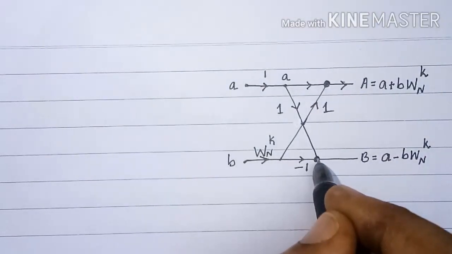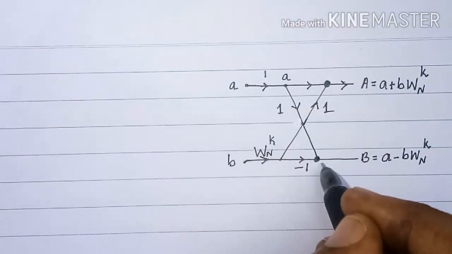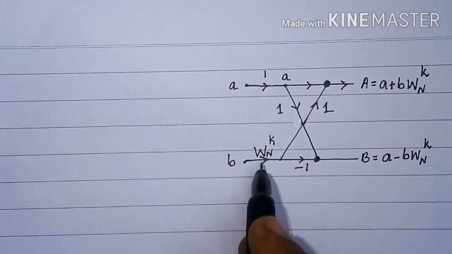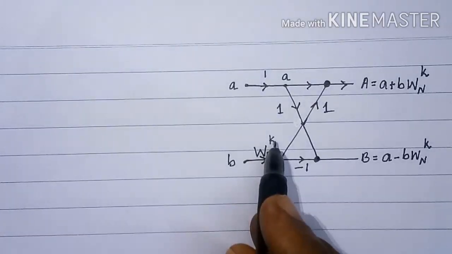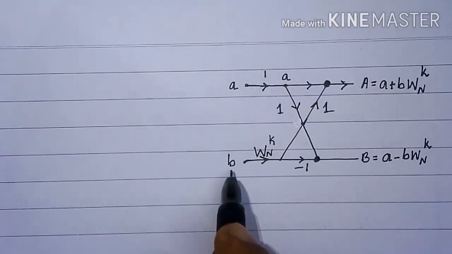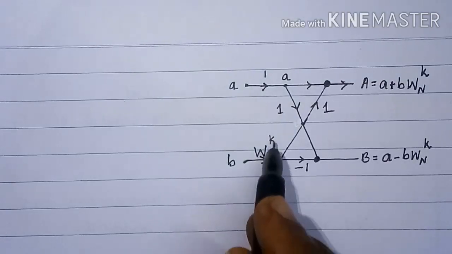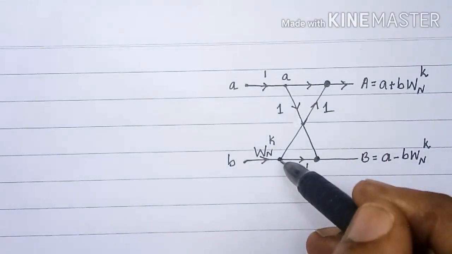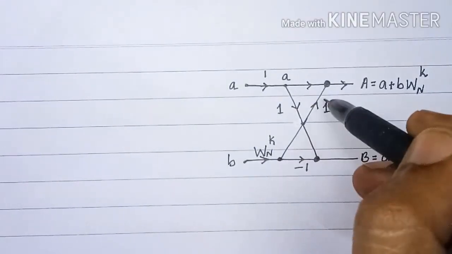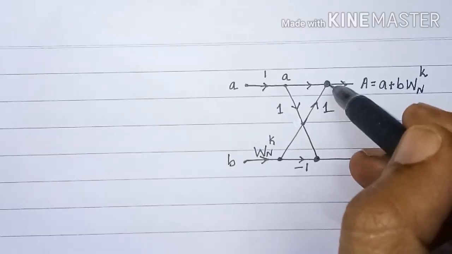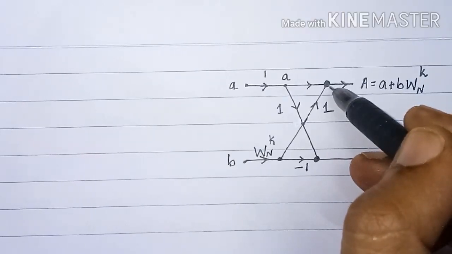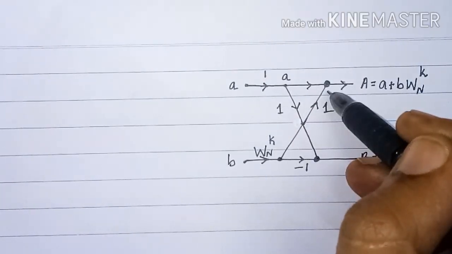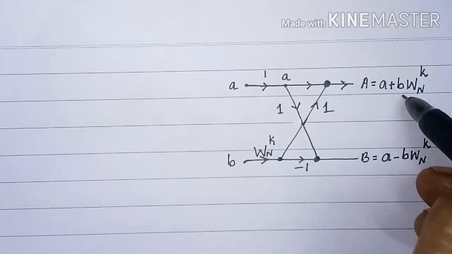Here is Wn to the power k. That means B is to be multiplied with Wn to the power k. From this point, B into Wn^k into 1 goes to the point of summation. At this point, A and B into Wn to the power k are added.